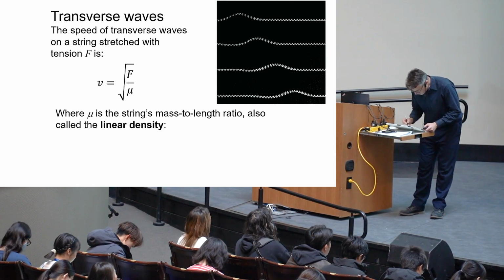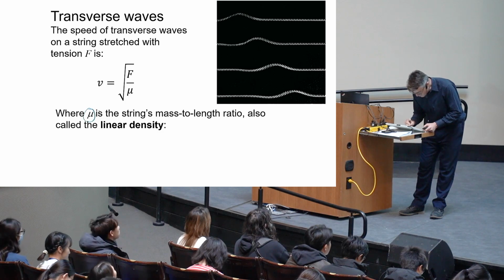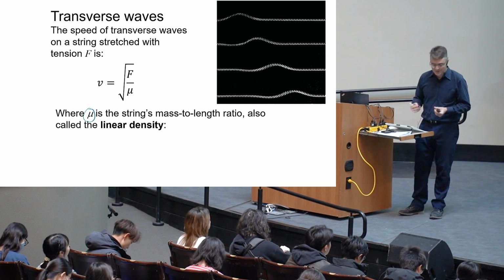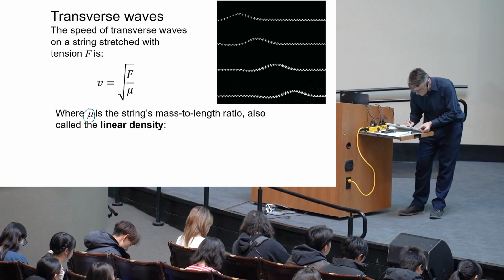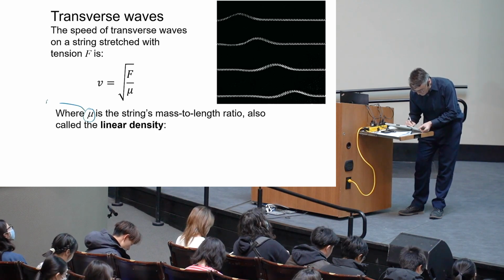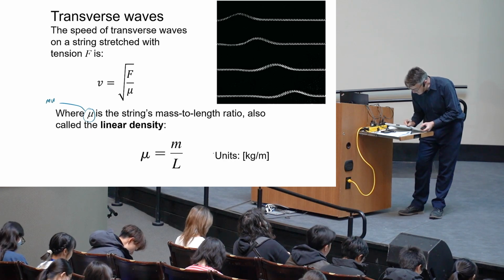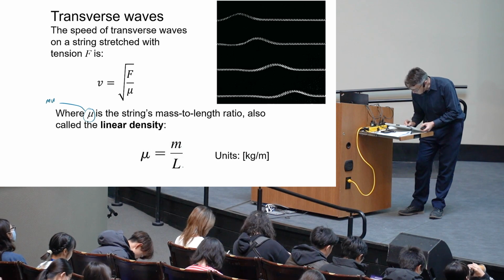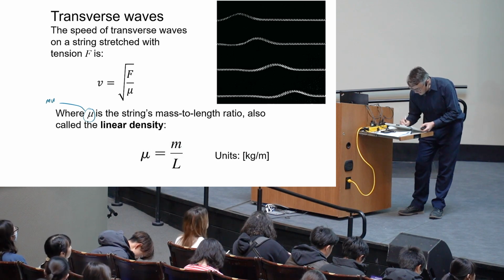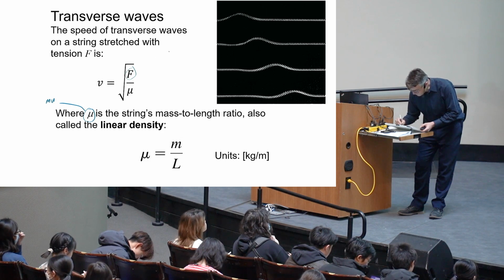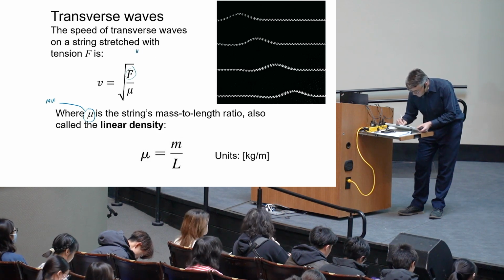Mu is not the coefficient of friction. We're starting to run out of letters here, even Greek letters, so we're reusing them. It's the letter recycling program. This is, again, mu, and it's mass per unit length in kilograms per meter. And also, by the way, F is the tension, in newtons.